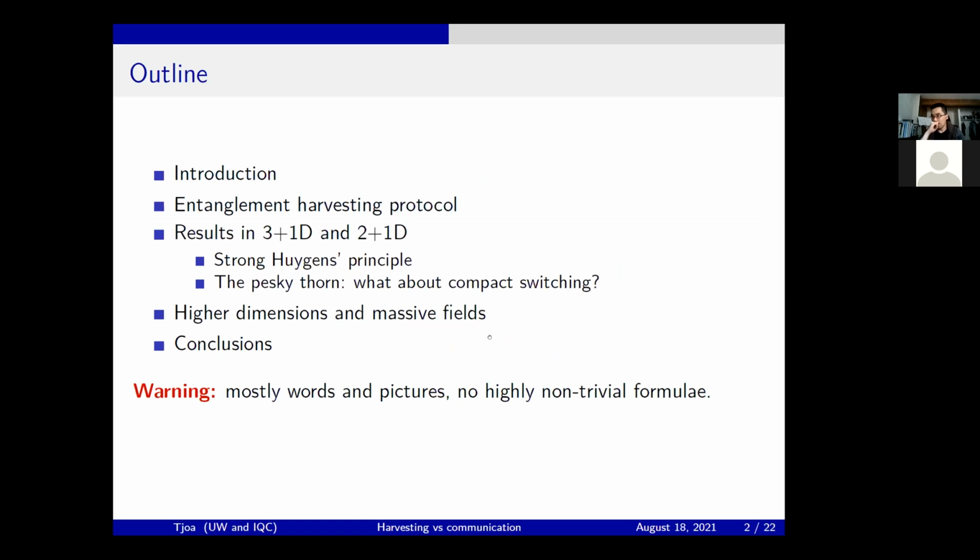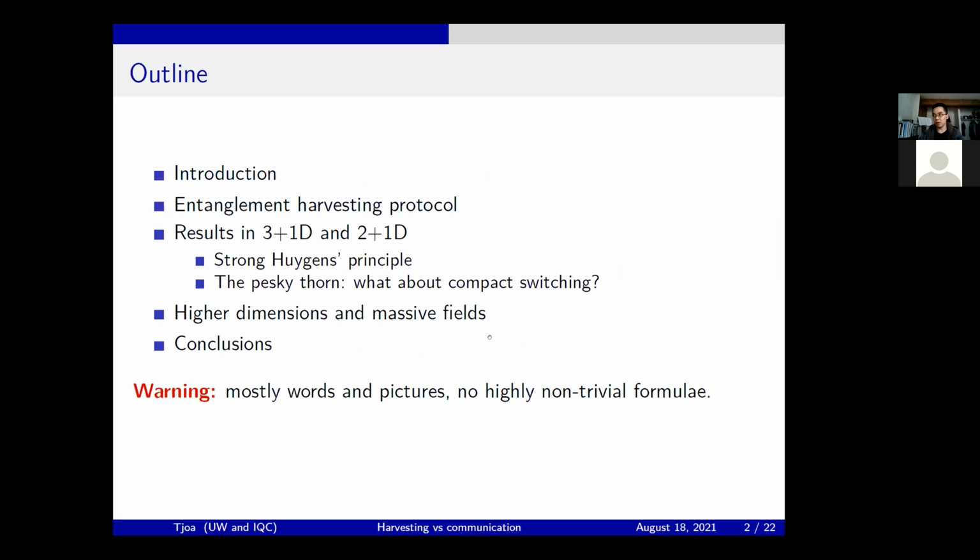So first, to guide the progress, because it is a little bit of a messy business, I will start with an introduction of why we are doing this. We will also briefly review the entanglement harvesting protocol, which this group will be sufficiently familiar with. And then we will present some results in 3+1 and 2+1 dimensions.